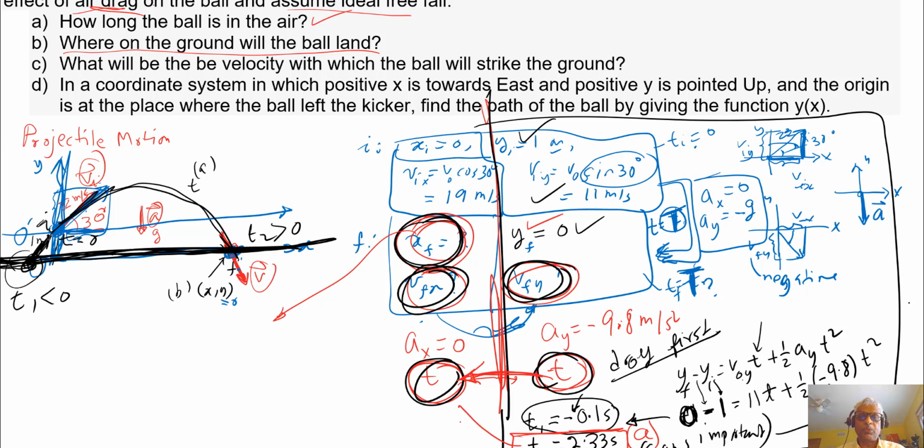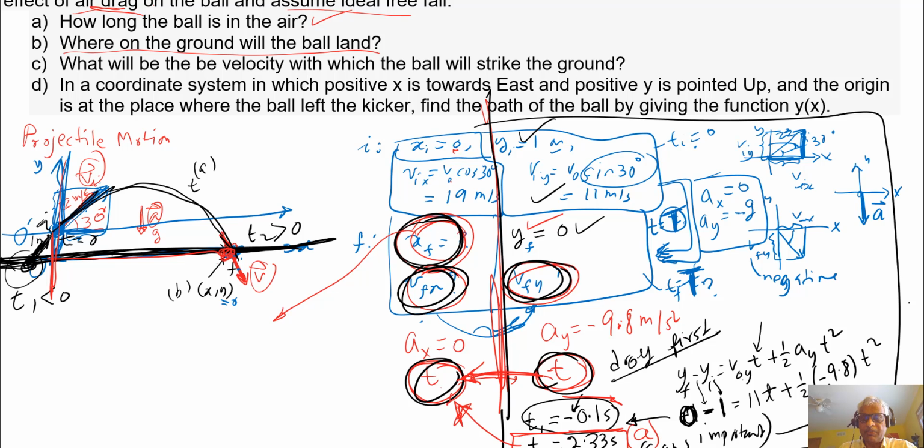Okay, so how are we going to do C? Well, we already figured out this, and we need to figure out that. That's the last thing in this column. We can just do vf y equals vi y plus ay t, and then we have all the information.